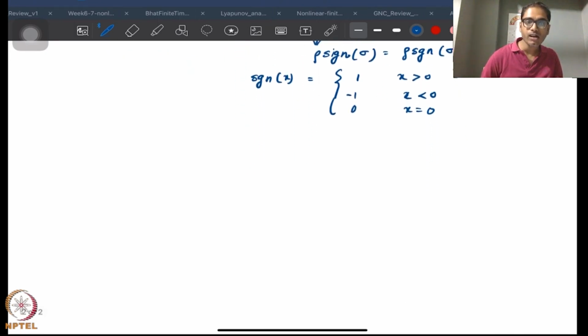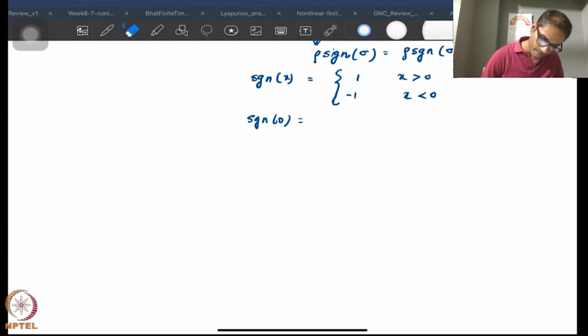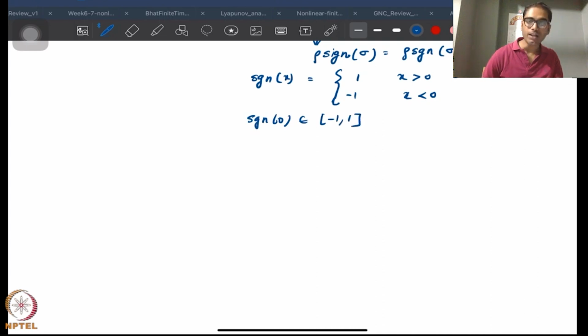Actually, signum of 0 can be anything in the range minus 1 to 1.